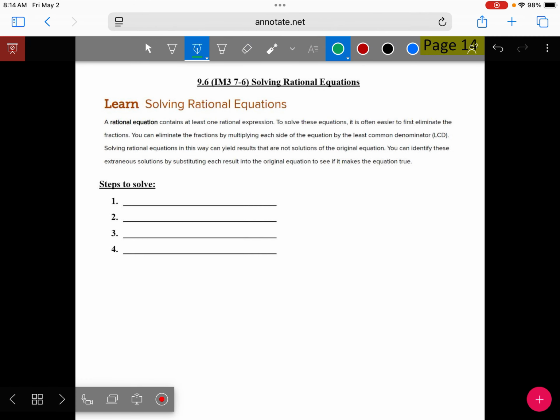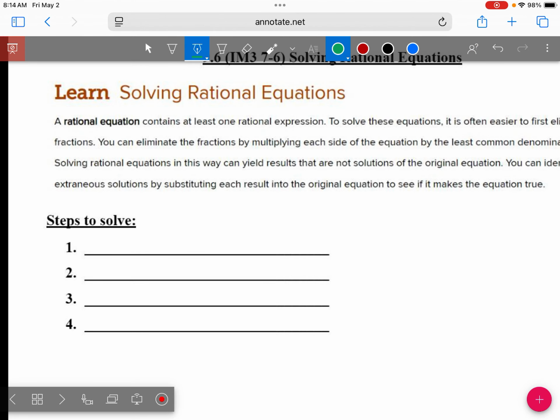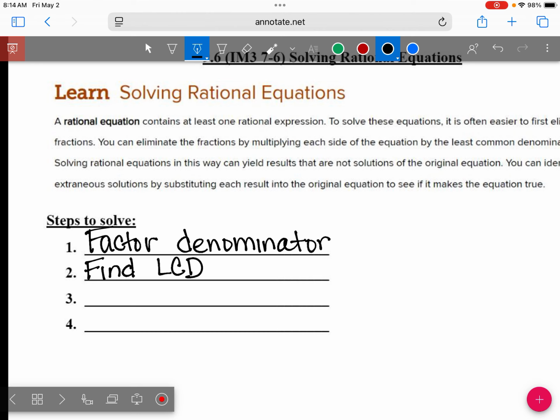There's some steps to solve, and I wrote those steps on the backboard also, and I'm also going to write it here. So the first step is to factor your denominators. Sometimes you'll have one that can factor and sometimes you won't. When you do that, you're going to find your LCD, which means your least common denominator.